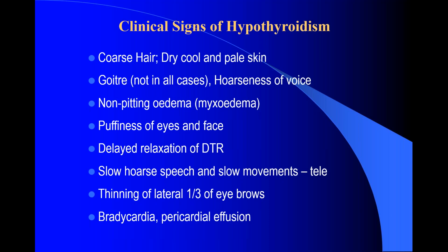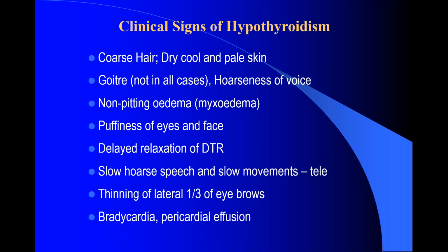Then in clinical signs, you can have coarse hair, which is dry, cool, and pale skin, as I told you earlier while telling about temperature taking. Then the patient can have goiter, however, it is not present in the majority of cases. You can have hoarseness of voice.